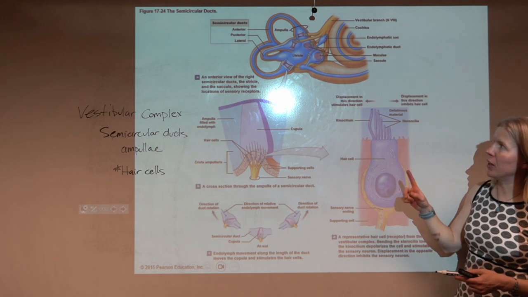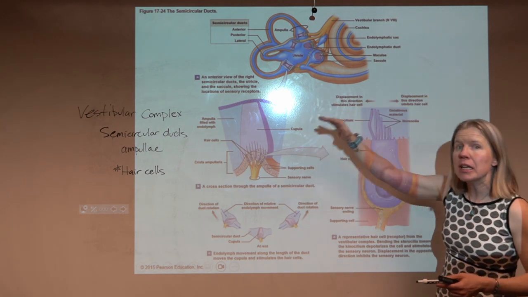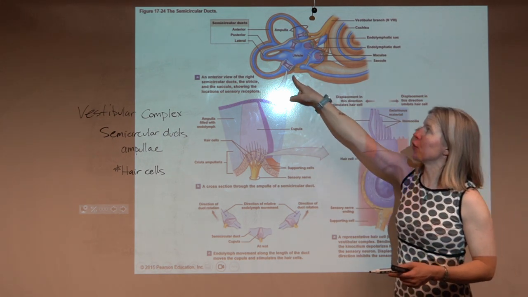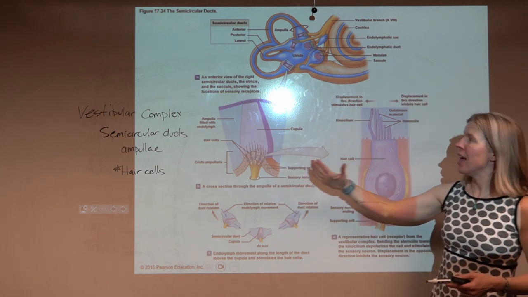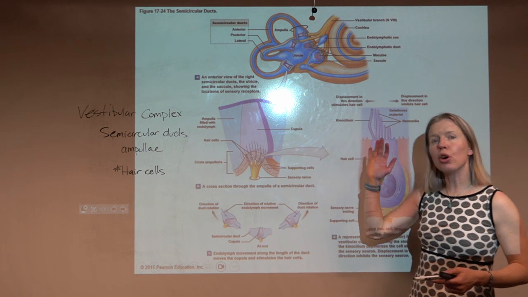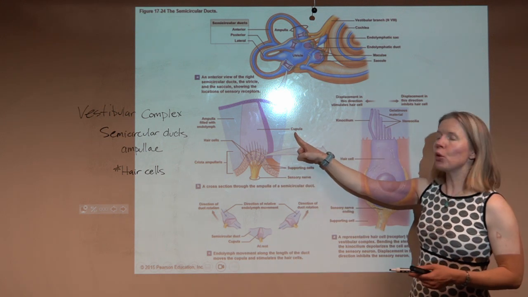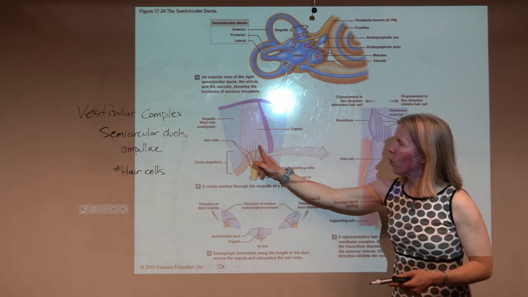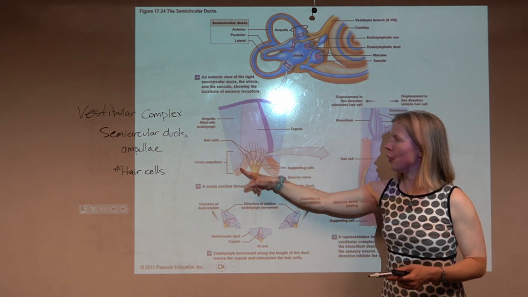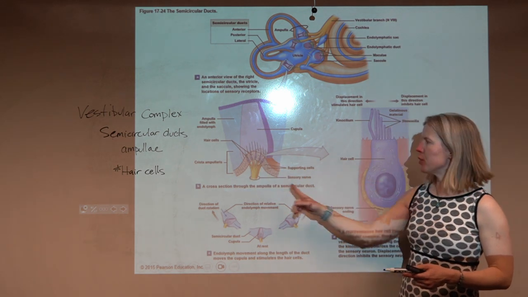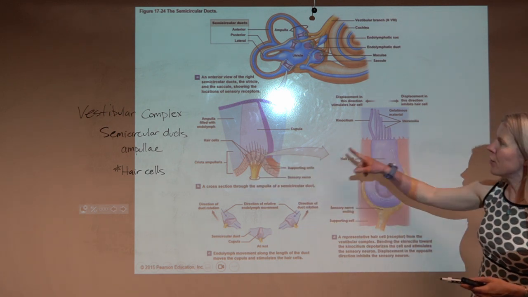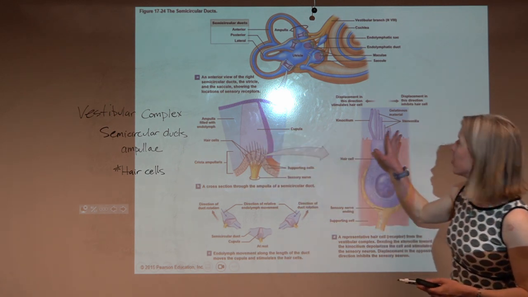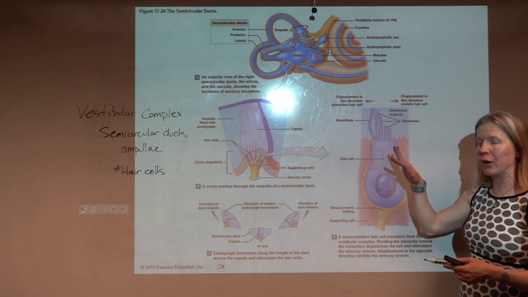So as the fluid sloshes in these semicircular canals, when it hits the ampulla, the base, that's where the fluid is going to smash into this cupula, and then distort the hair cells. Notice here you have a whole cluster of hair cells and their associated neurons, and each of these hair cells shows that projection, which is actually a series of microvilli.